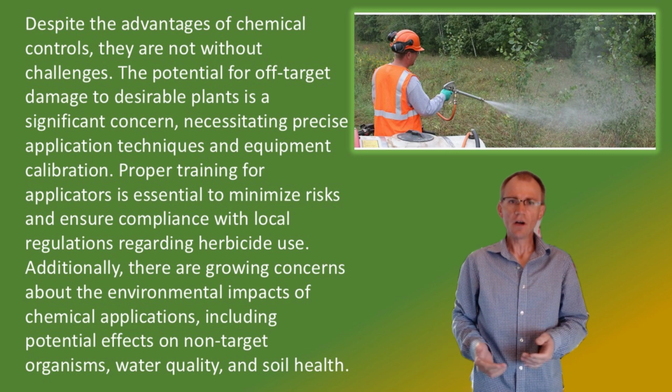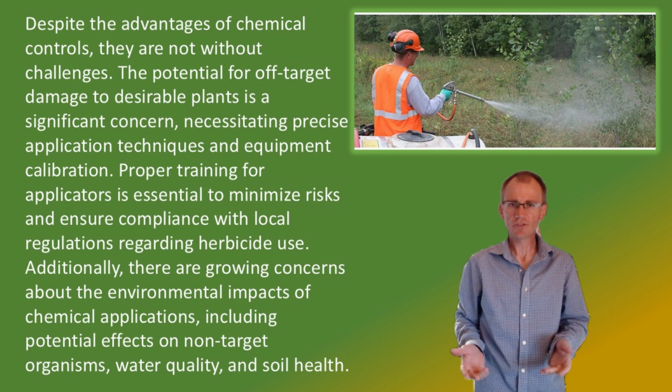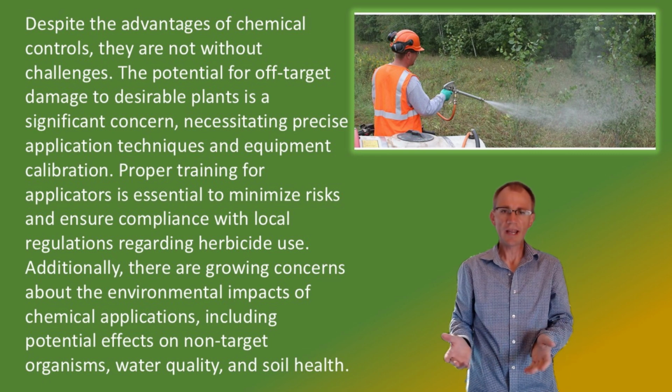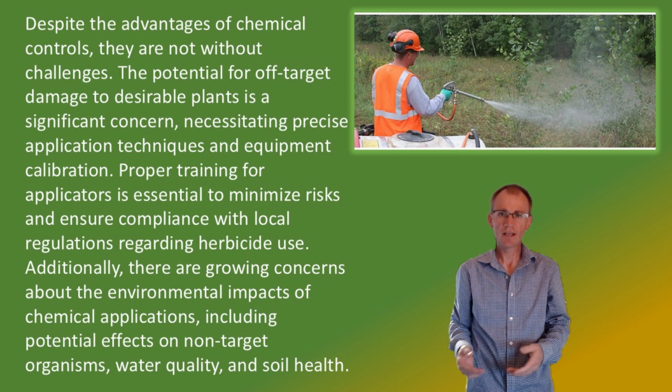Despite the advantages of chemical controls, they are not without challenges. The potential for off-target damage to desirable plants is a significant concern, necessitating precise application techniques and equipment calibration. Proper training for applicators is essential to minimize risk and ensure compliance with local regulations regarding herbicide use. Additionally, there are growing concerns about the environmental impacts of chemical applications, including potential effects on non-target organisms, water quality, and soil health.